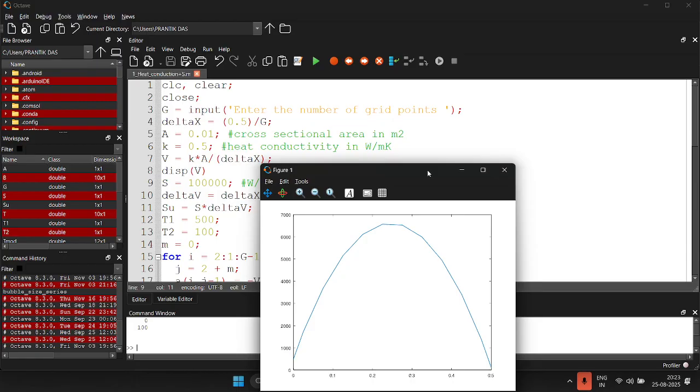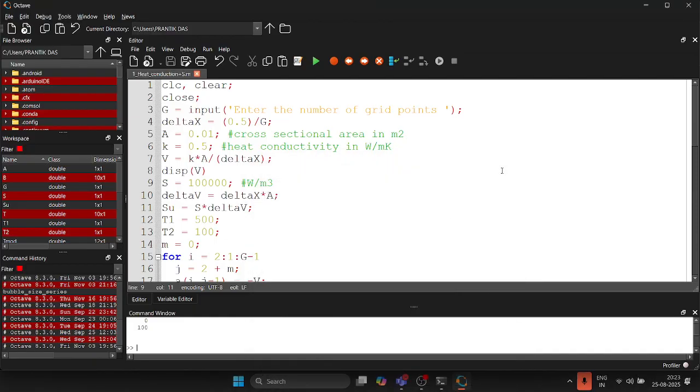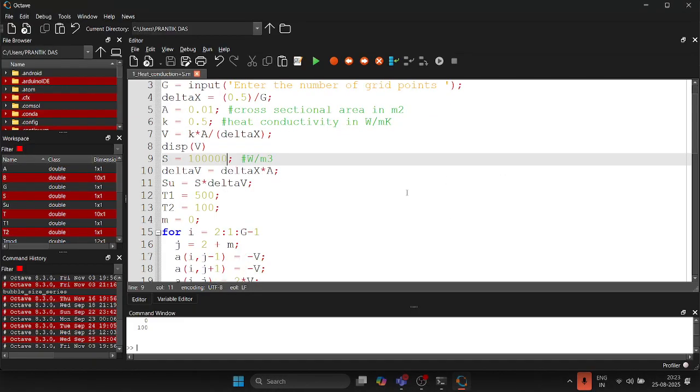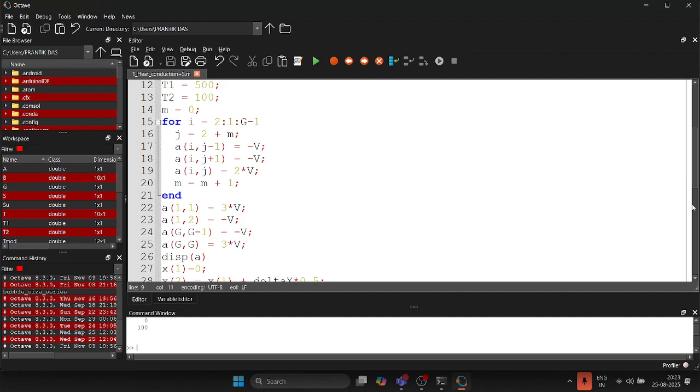Yes, sir. Okay. Is it clear to Arpan? Sir, can you repeat once again, sir, the code part? In the fourth part, in the B matrix, I added the source.